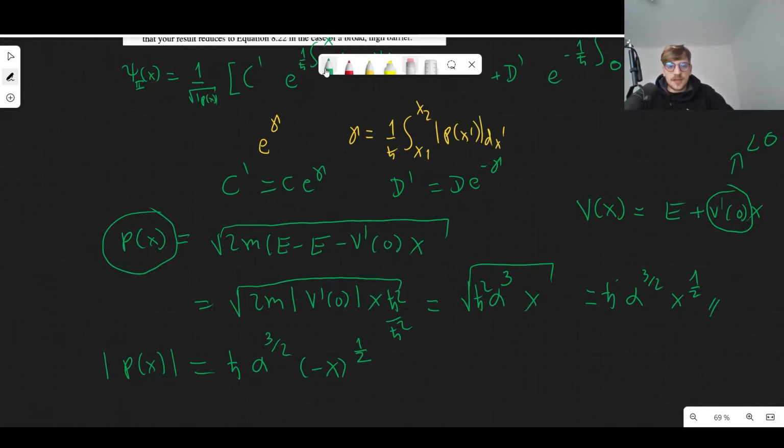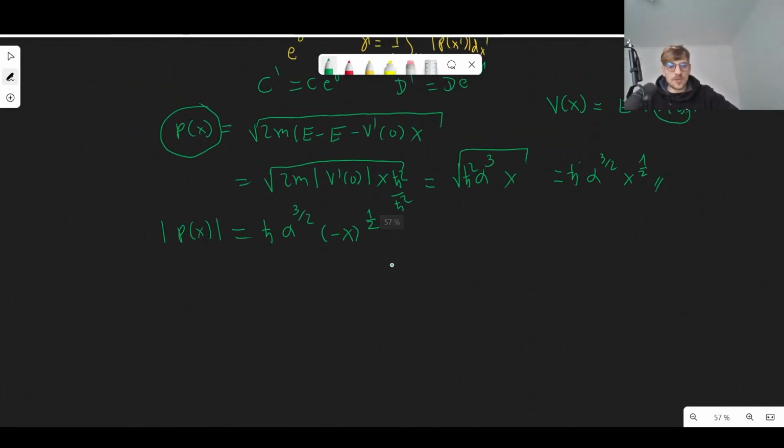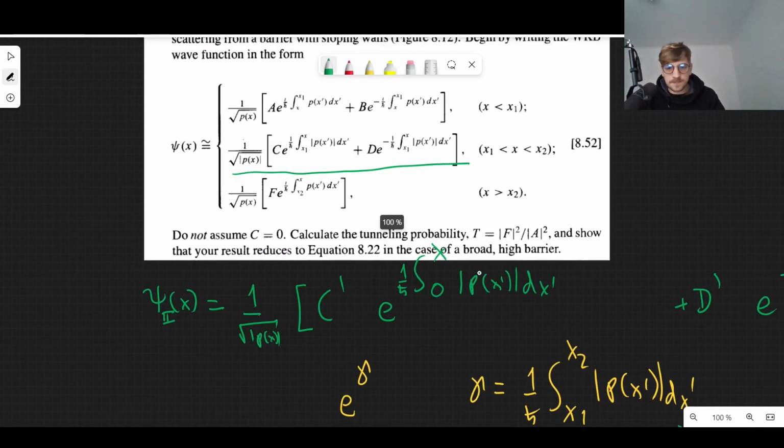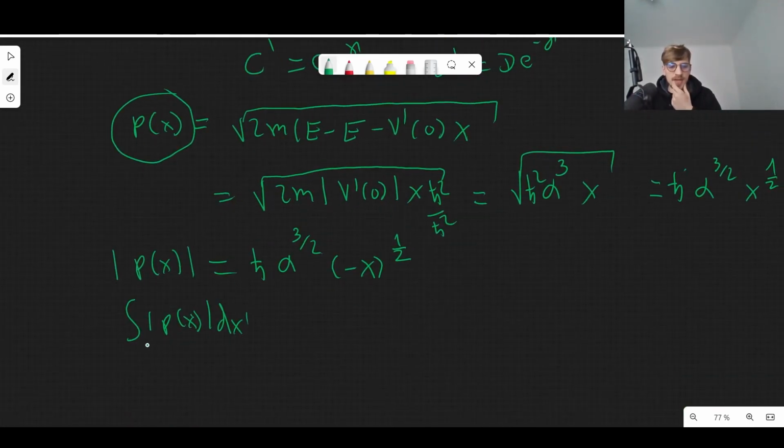Okay, now we need to integrate these two, but as you can see, they are exactly the same thing as before. So the integrals will come out to be the same. So for the integral of the momentum, let's just think back to our limits of integration. In this case, it goes from 0 to x. So when we integrate this thing, we get 2/3 h bar alpha to the 3/2 times minus x to the 3/2.